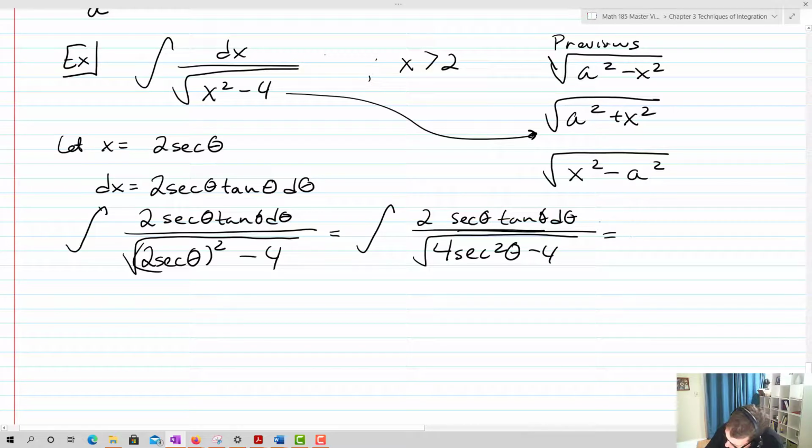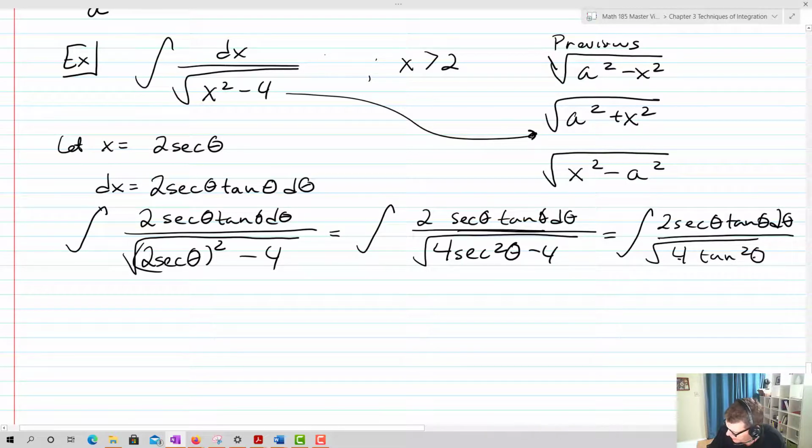And this ends up equaling the integral of 2 secant theta tan theta d theta divided by 2, the square root of 4, now tangent squared theta. And the reason why it's tangent squared theta is because this is 4 times secant squared theta minus 1. So that's that substitution again.